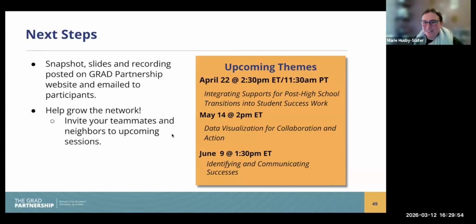If you look, as I said, we have 3 months left in our 25-26 network plan: April, May, and June. And just as we started early in the year, back in November, with those high level improvement science principles, we really looked at the application of that today. When we look ahead to the next few months, we're looking at integrating post-high school transition supports and student success work, and data visualizations for collaboration and action.